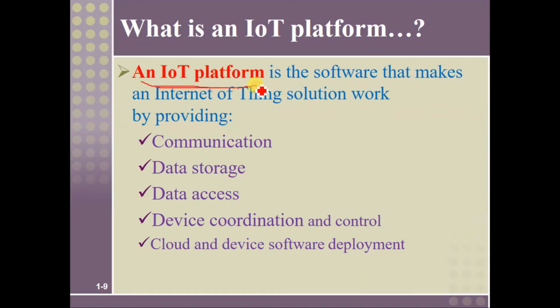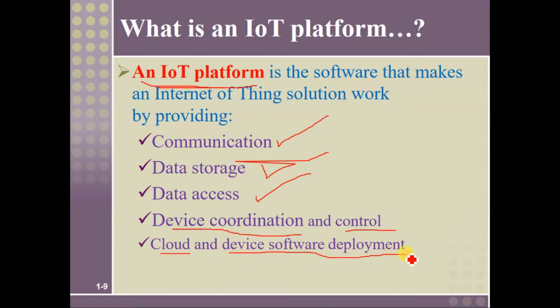When we say IoT platform, it is nothing but a type of software. It is software that makes an Internet of Things solution work by providing different functions. It makes an Internet of Things solution work by providing communication among the IoT devices for the sake of data storage, data access, device coordination and control, and also cloud and device software development.